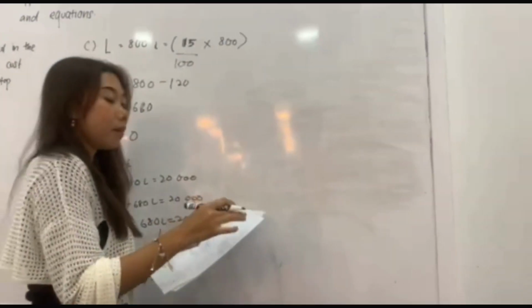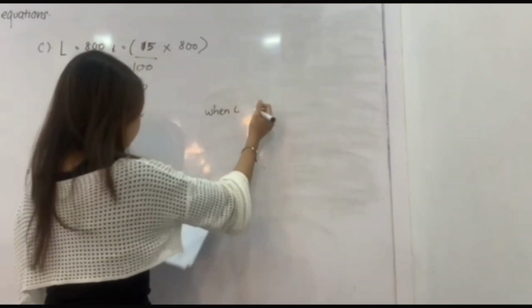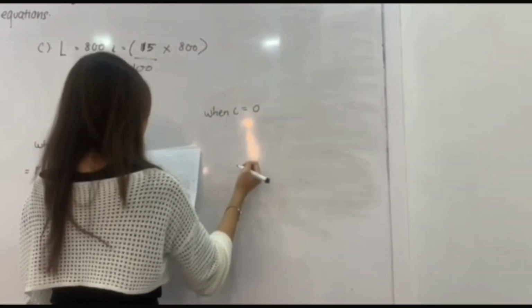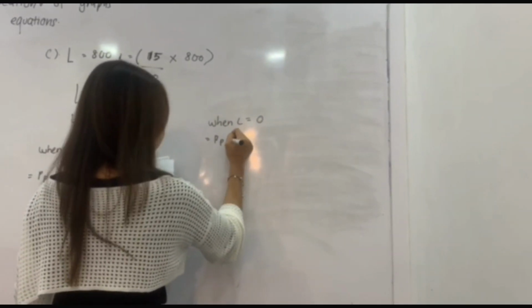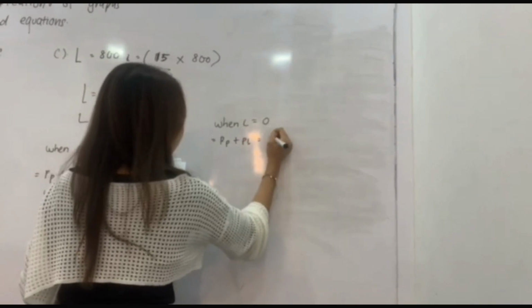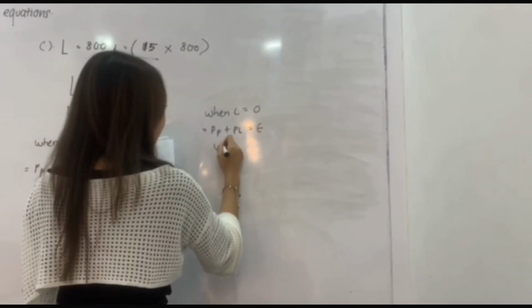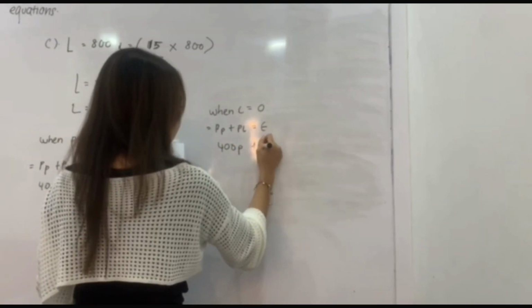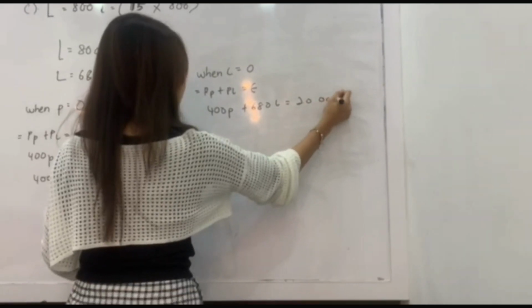We go to the second part, which is when L equals 0. We got PP and PL equals E, expenditure. 400P, 680L, 20,000.